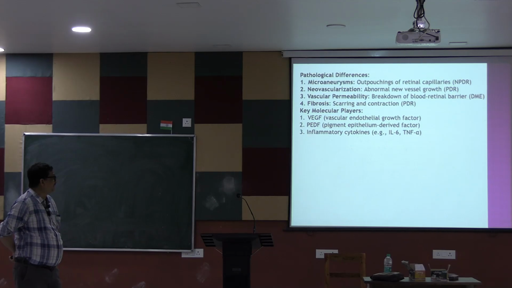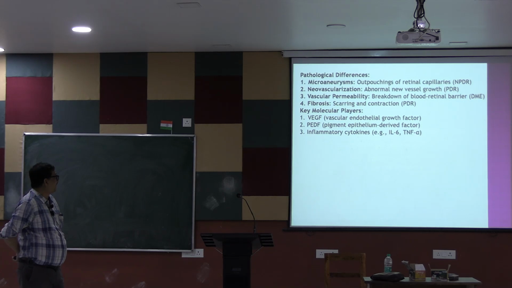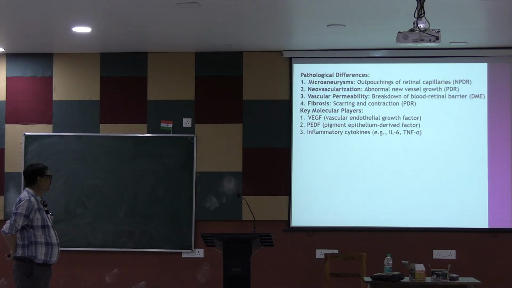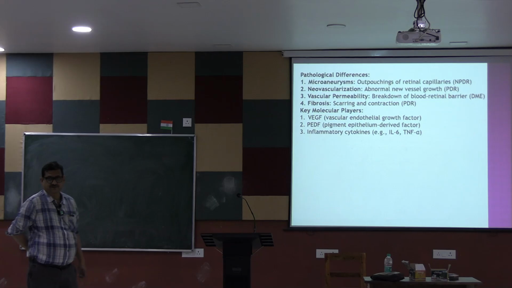Vascular permeability is macular edema, and fibrosis ultimately leads to progressive retinal detachment. These basic pathological differences are important. Key molecular players are vascular endothelial growth factor, pigment epithelium derived factor, and inflammatory cytokines, that is IL-6 and TNF alpha.